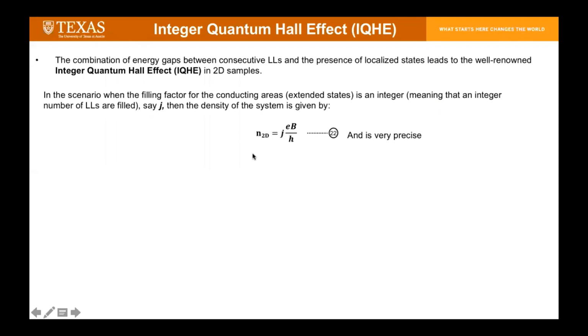I mentioned that, let's say you have an integer number of Landau levels filled, and the density of the system will be given by this expression, where this is the density in each Landau level times the number of Landau levels that are filled. We had also calculated an expression for density from the Hall effect, remember? And it was a function of the transverse resistance, right? Everyone remembers that?